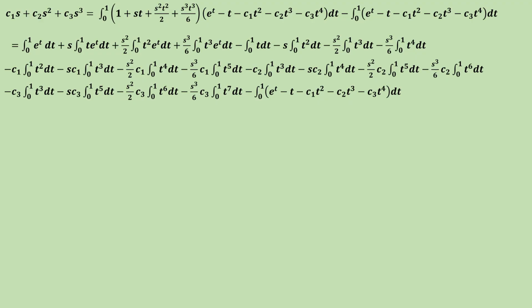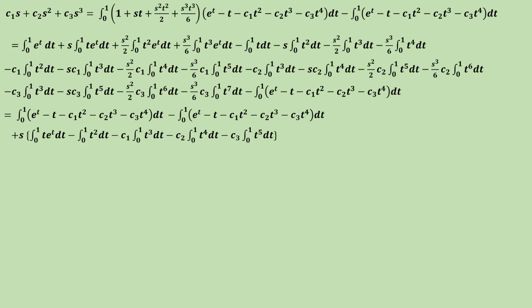So this expansion, there are 4 into 4, 16 terms, right? We have to multiply and separate the integral in the first step. From the first step we will get this one, right? So that is equal to integral 0 to 1, so we are grouping e power t minus c1 t square minus c2 t cube minus c3 t power 4 dt minus integral 0 to 1 e power t minus c1 t square minus c2 t cube minus c3 t power 4 dt.